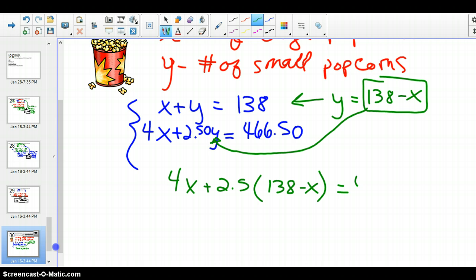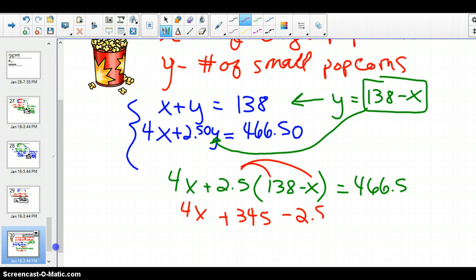And then that should equal 466.5. All right, so now it just becomes a matter of doing some algebra that you guys know. So this is going to be 4x, and then this is going to be plus 345, and then minus 2.5x. Now your job is to combine like terms.